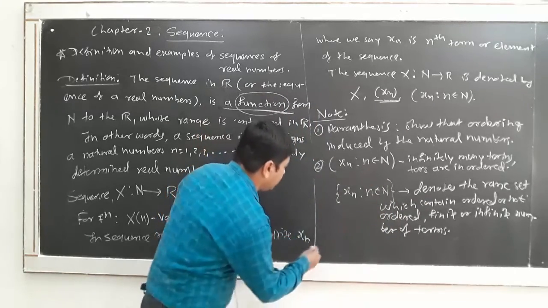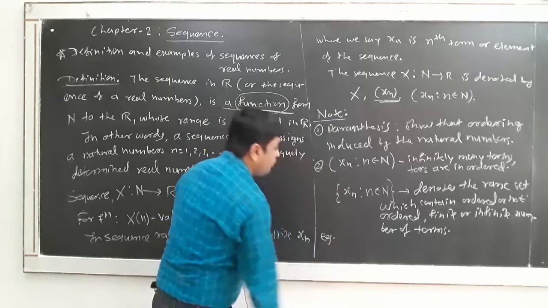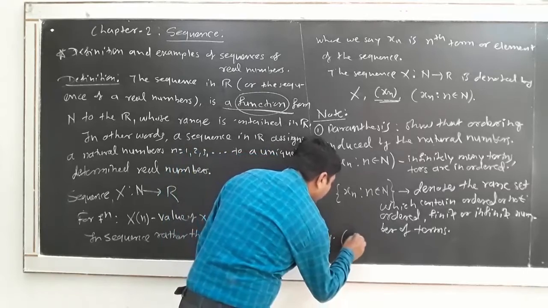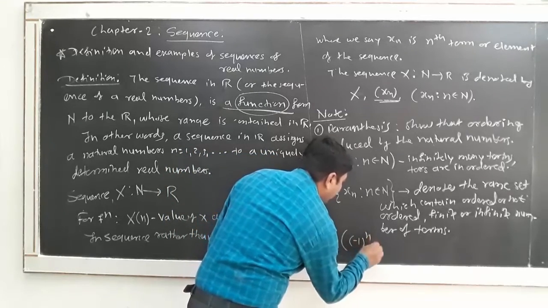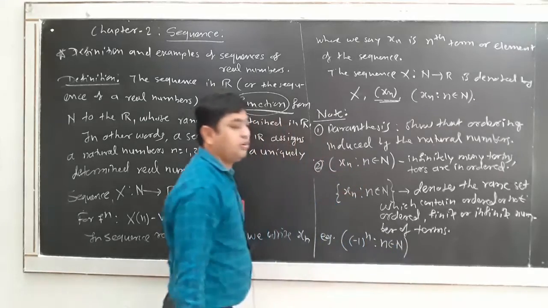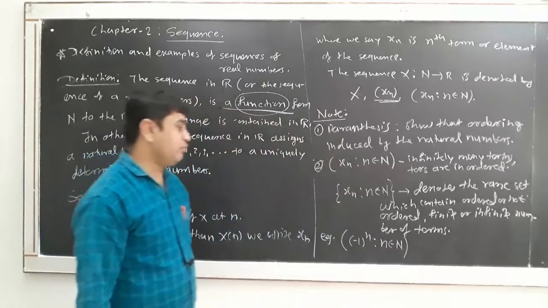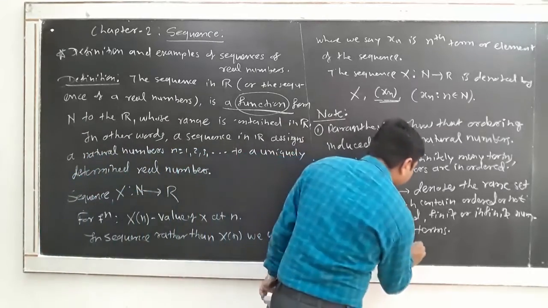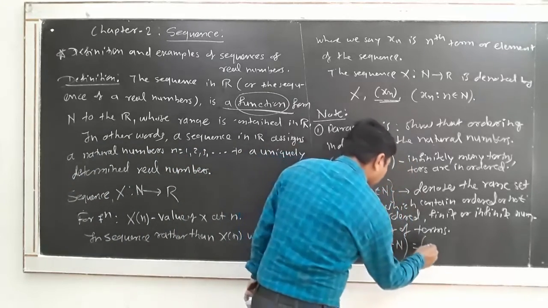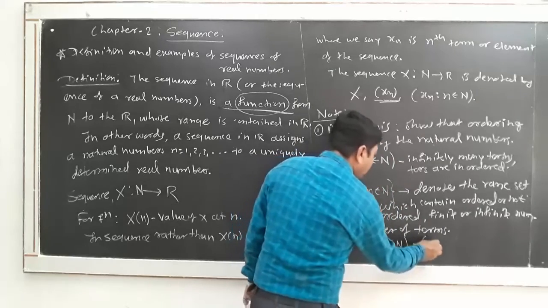For example, if you take the sequence (-1) raised to n, all n belongs to the natural number. What is it equal to? This is just a sequence. N is equal to 1, this should be -1.